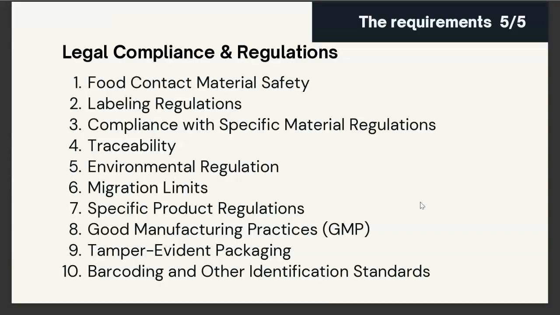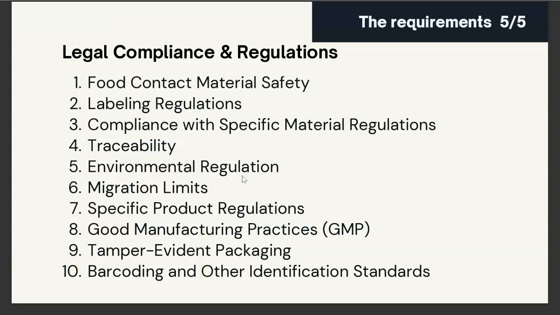Okay, in terms of the legal requirements, we have like 10 legal requirements, compliance and regulations. They are the food contact material safety, labeling regulations, the compliance with specific materials regulation, the traceability of the supply chain, the environmental regulations, whether or not there are legal requirements related to the environmental impact of the packaging, and the migration limits.